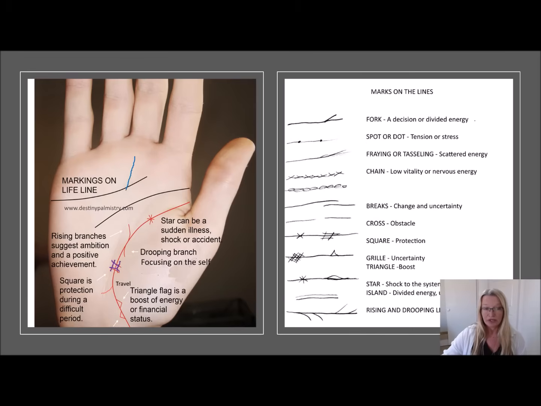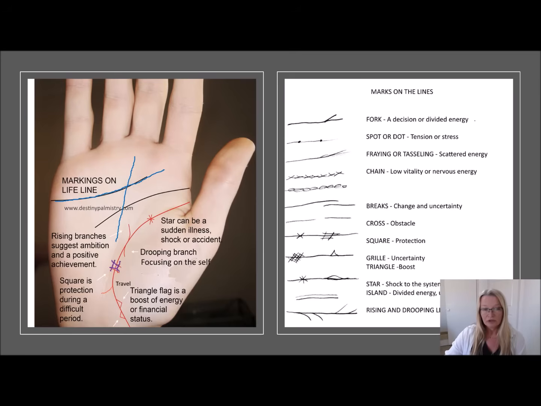On the fate line, for instance, if the tag is down the lower part of the lifeline, it's talking beyond age 50. On the fate line, beyond age 50 is after the fate line crosses the heart line. So you would look at the fate line and see what is going on regarding the career or life, and why there is a potential financial boost.